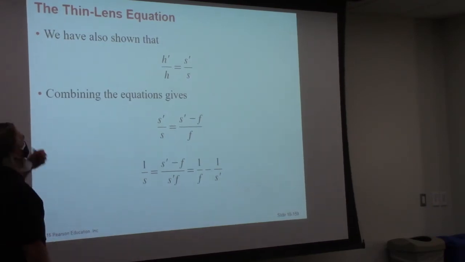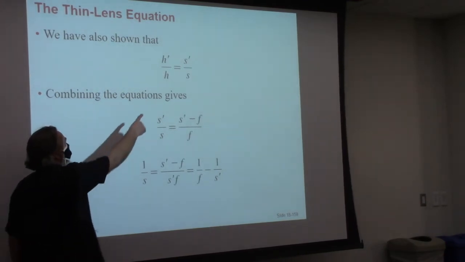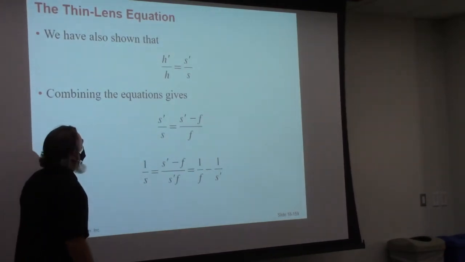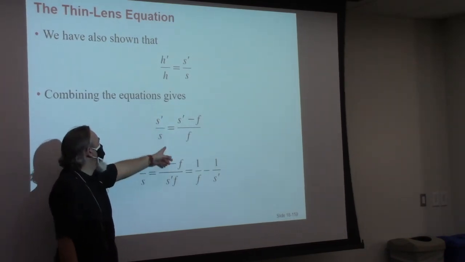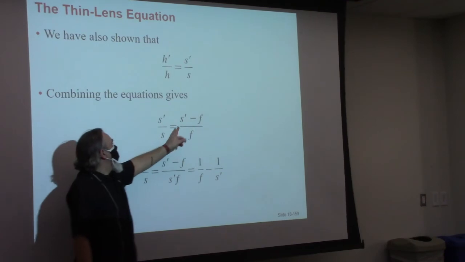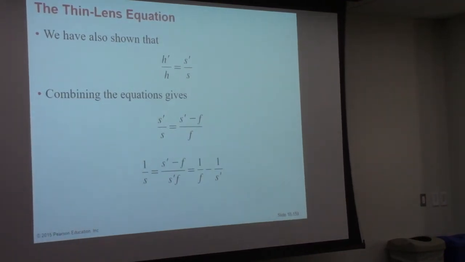So if you take that equation from the previous slide, from similar triangles, this is what we got earlier today. Put it together, substitute this in for h prime over h: s prime over s is equal to s prime minus f over f. Do some algebra. It's a little bit tricky, but not too bad.